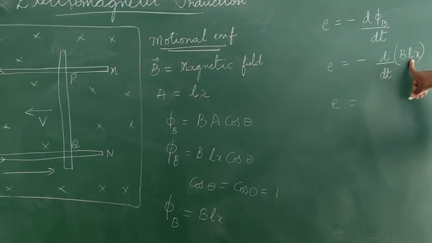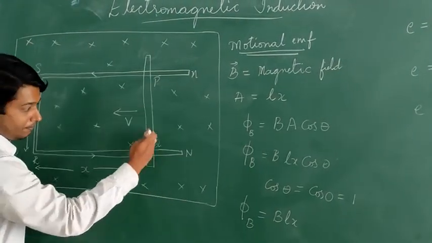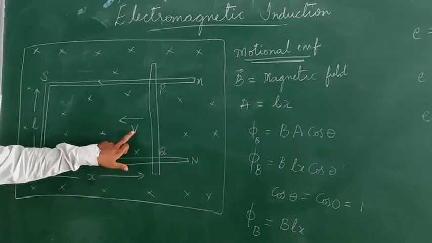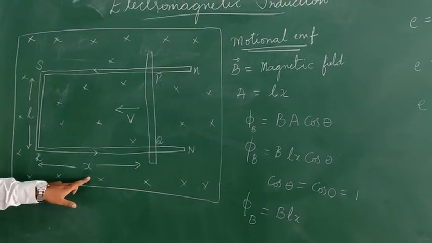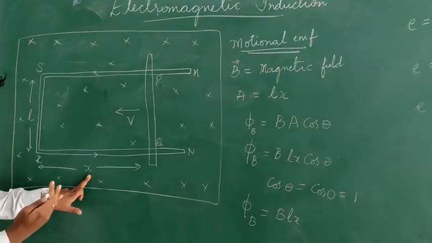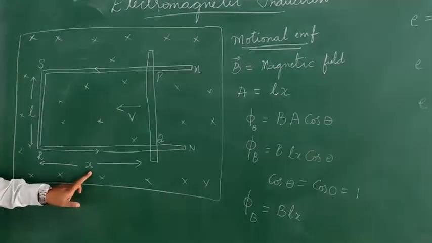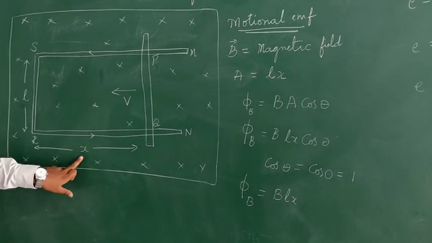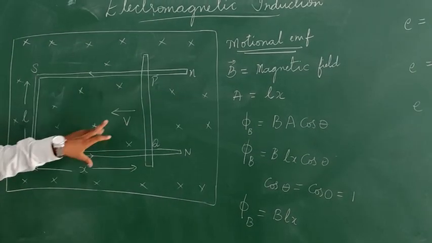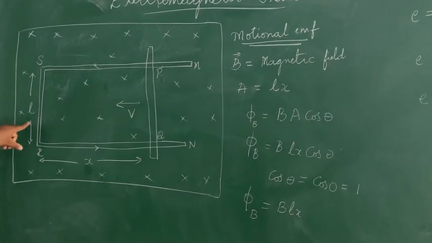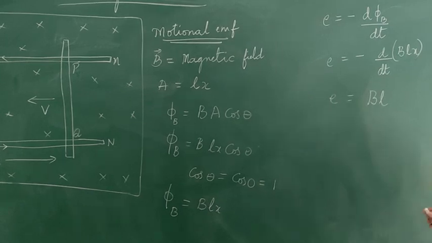Here B and L are constant, only X is variable, because when we move the movable part PQ of the conductor, only the distance between PQ and RS varies. When the conductor is here, the distance is less. When it moves far away, the distance is more. Only X is varying. The magnetic field B is constant and the length L is also constant.